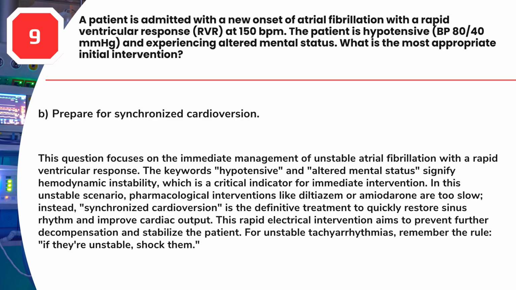Instead, synchronized cardioversion is the definitive treatment to quickly restore sinus rhythm and improve cardiac output. This rapid electrical intervention aims to prevent further decompensation and stabilize the patient. For unstable tachyarrhythmias, remember the rule: if they're unstable, shock them.